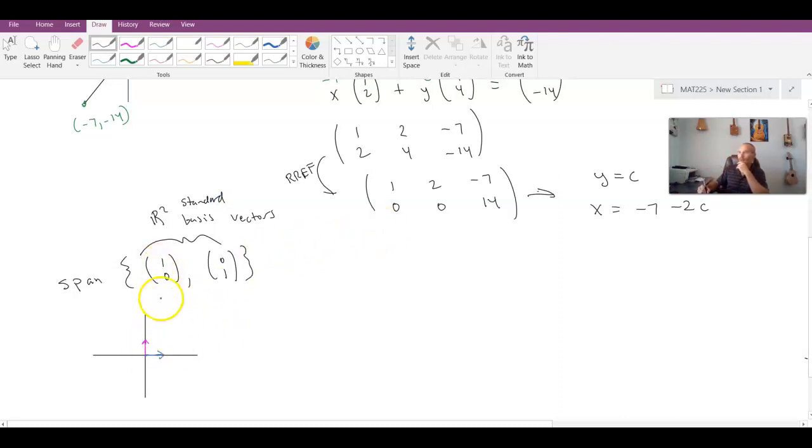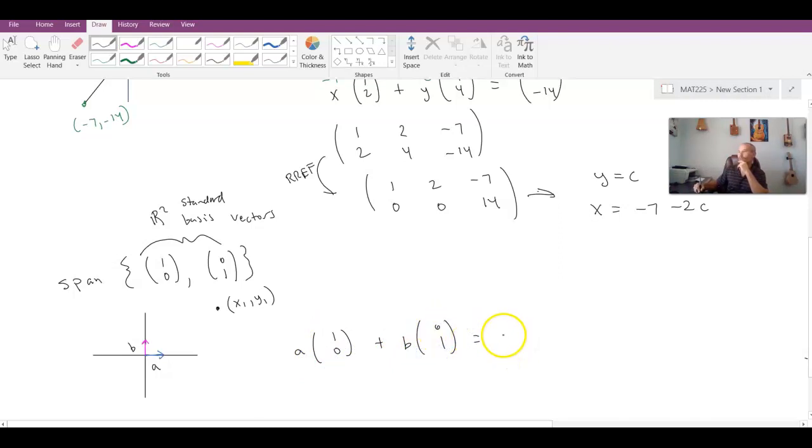Okay, so if I want to make it to any location, say out here, we'll just call this point x1, y1. Well, if I can find the proper coefficients, we'll say those coefficients are a and b. We're going to take a times the 1, 0 vector plus b times the 0, 1 vector.